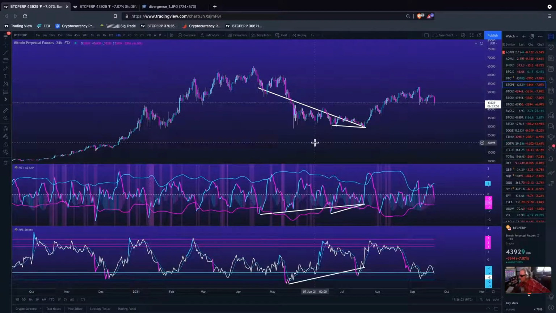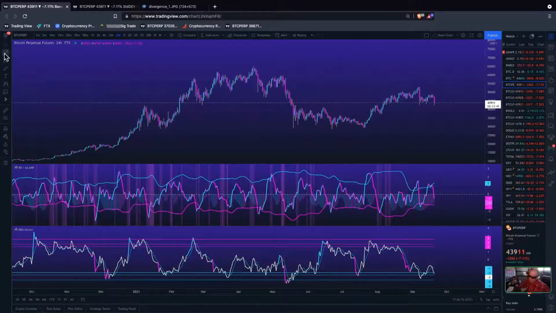Let's see here. Oh, yeah. And even on a daily, so that was a bull. This is a no-brainer right here. We're going to get this next move down.